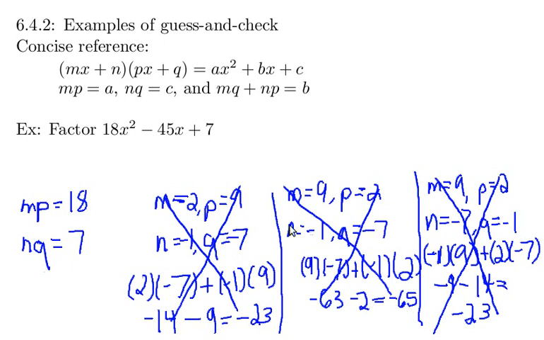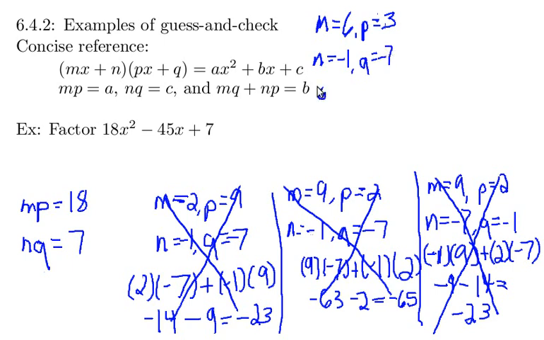So let's try something besides 2 and 9. What else can multiply together to make 18? Well, 6 and 3. So let's try M is equal to 6. Here, I'll try to make as much room as we can. M is equal to 6, P is equal to 3, N is equal to negative 1, and Q is equal to negative 7.